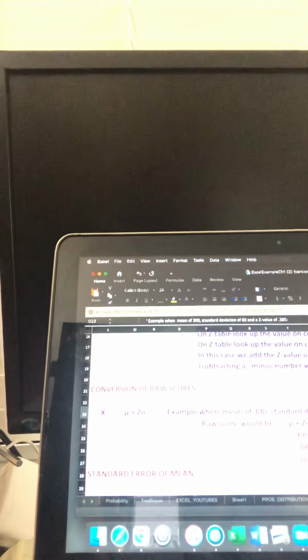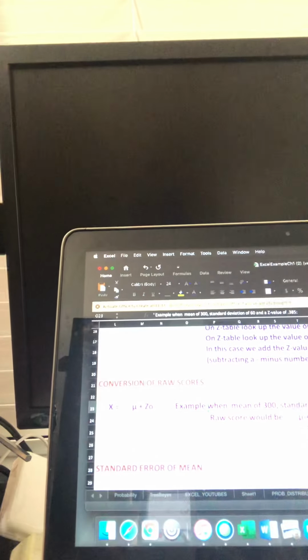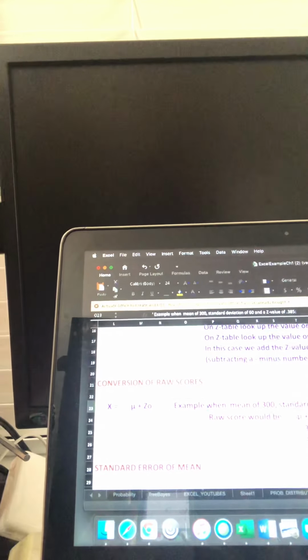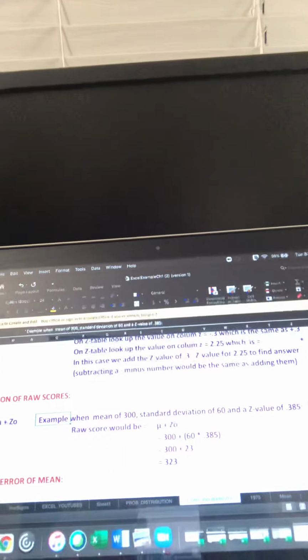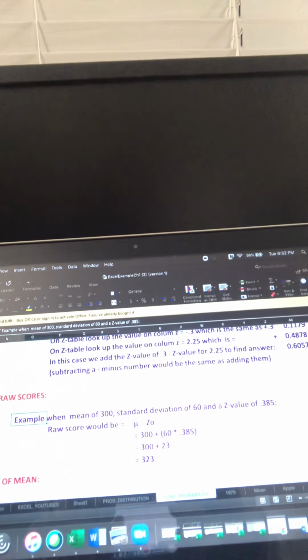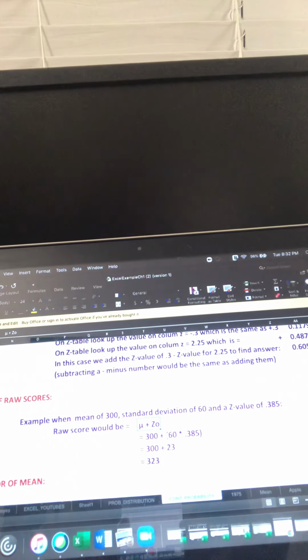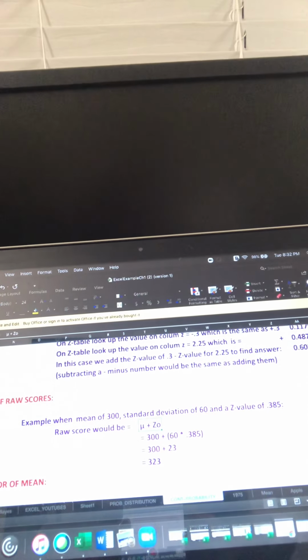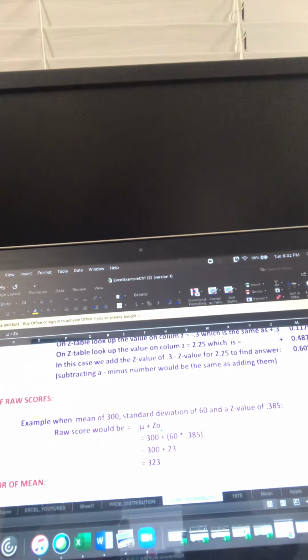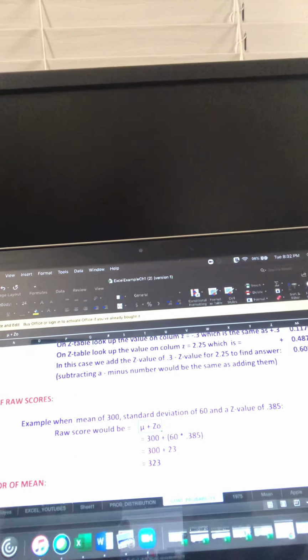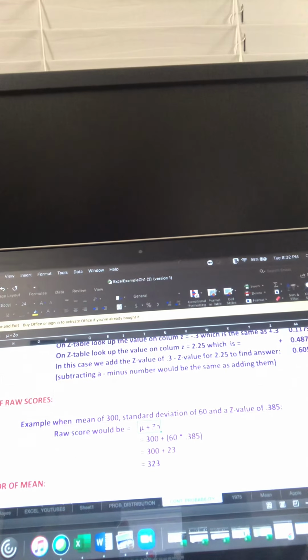So in an example where we have a mean of 300, a standard deviation of 60, and a z value of 0.385, our raw score would be easy to calculate just by taking mu plus z times the standard deviation, which is sigma.